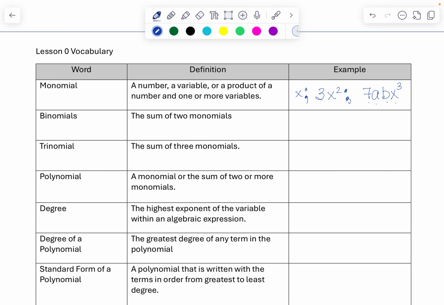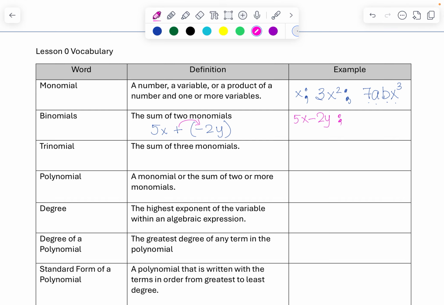A binomial is the sum or difference of 2 monomials. So when we say the sum, we could do something as simple as 5x plus a negative 2y. Well, as you already know, positive times a negative is a negative. So we could be looking at something like 5x minus 2y as a binomial.